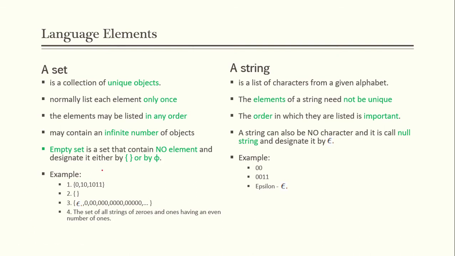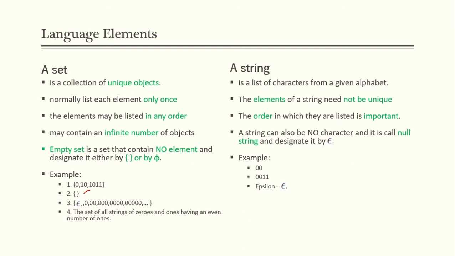And here are the examples of a set. The first one contains a set of 0 and 1, so we have three strings here: 0 is one string, 10 is another string, 1011 is another string. The second one here is the empty set.